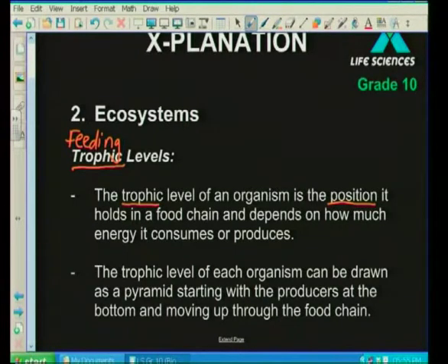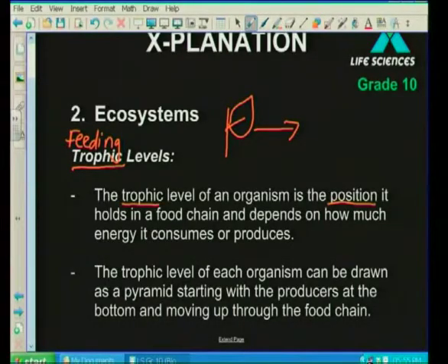Now, let's say, for example, I had the tree, all right? So there's a tree, that's the first trophic level. So that position in the food chain is first. So we're going to call that the first trophic level or first feeding level. From there on, we're going to have the first consumer.